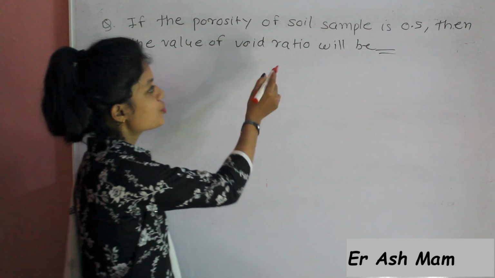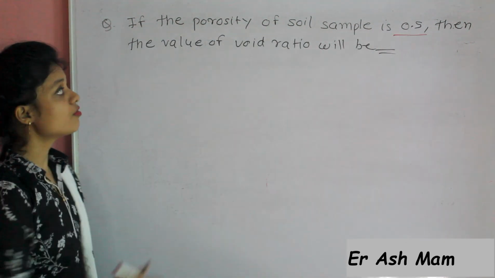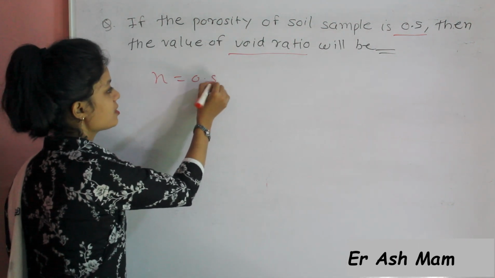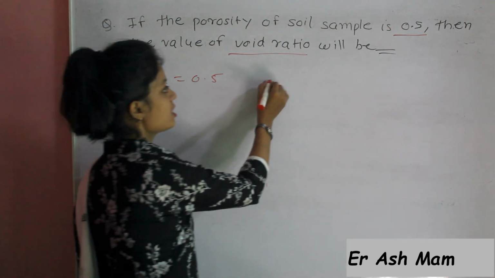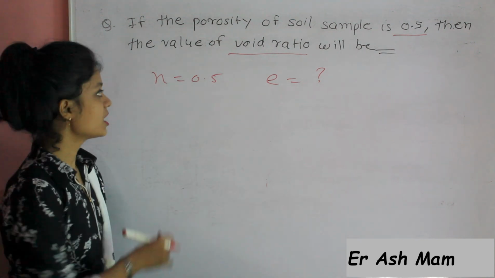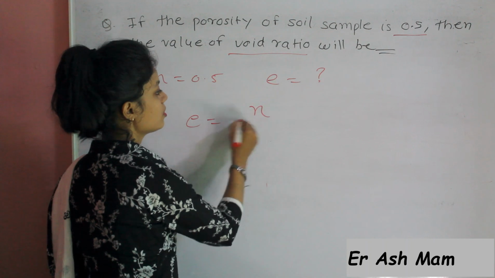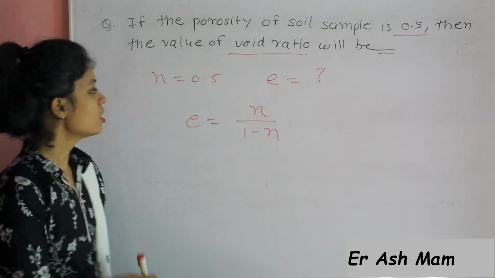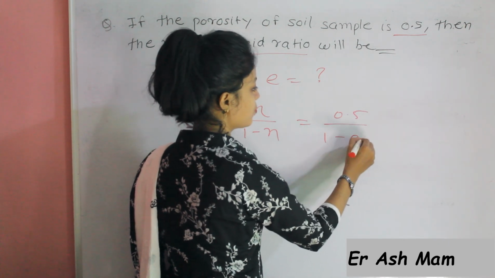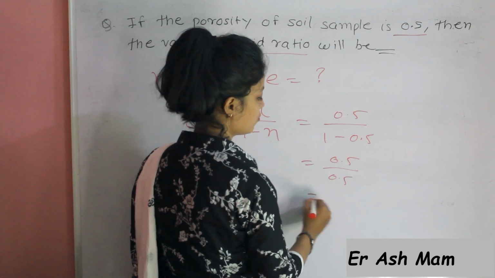Next, if the porosity of soil sample is 0.5, now porosity is given in this question, then the value of void ratio will be. Porosity N equal to 0.5 is given, void ratio E will be question mark. There is one more relation between N and E. If N is given and you have to calculate E, then E equal to N upon 1 minus N. We know that N equal to 0.5 and 1 minus 0.5 is 0.5, so 0.5 upon 0.5 equal to 1.